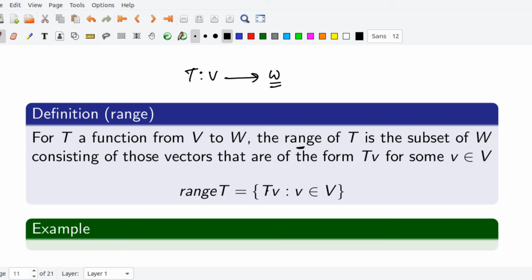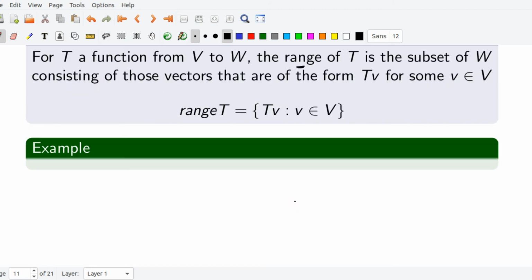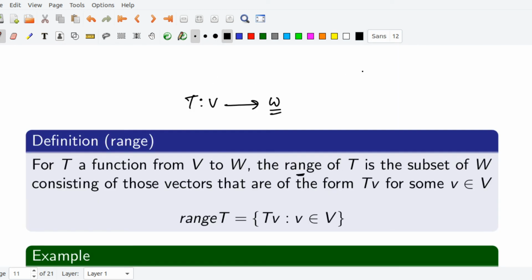Range of T equals the set of all Tv such that v is an element of V. If you say w1 belongs to the range of T, it means that there exists a v1 in capital V such that T of v1 equals w1. Okay, that's the idea of range.